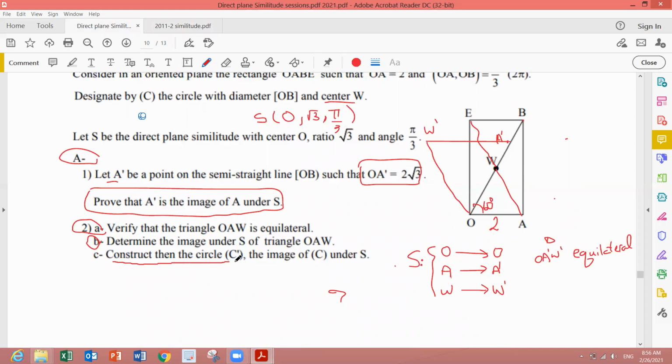Construct then the circle C prime, the image of C under S. What is the image C prime?